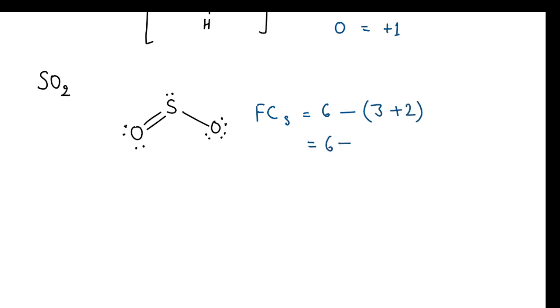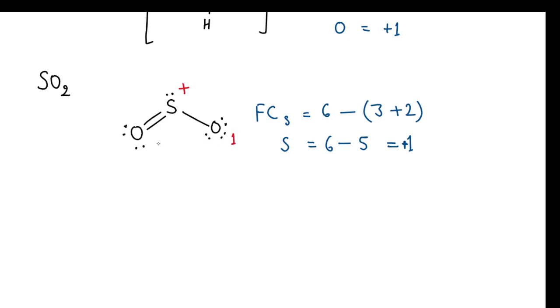So 6 minus 3 plus 2 is 5, equal to plus 1. So the formal charge for the sulfur atom is plus 1.